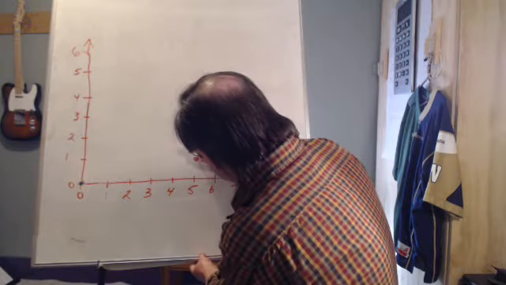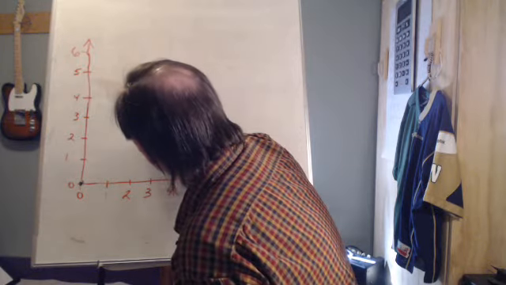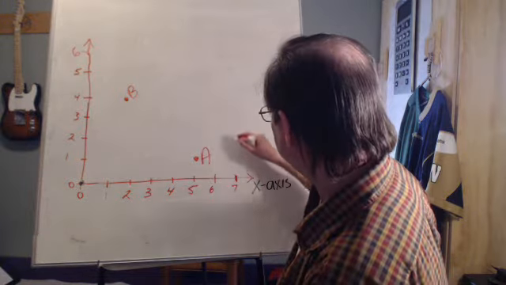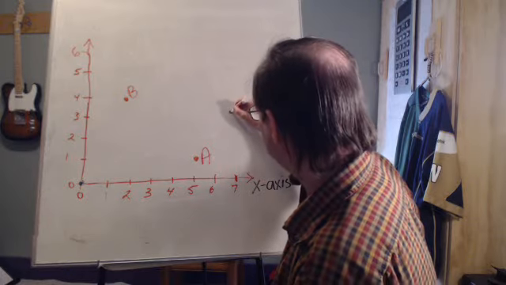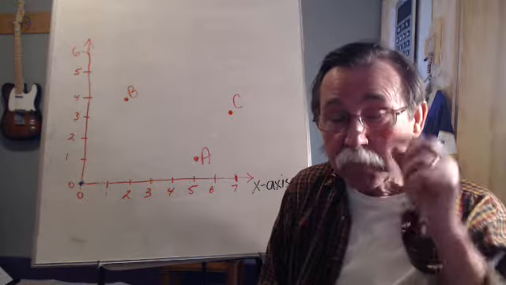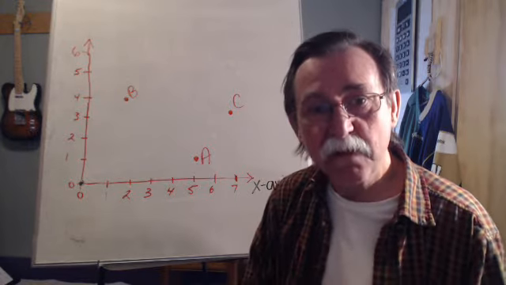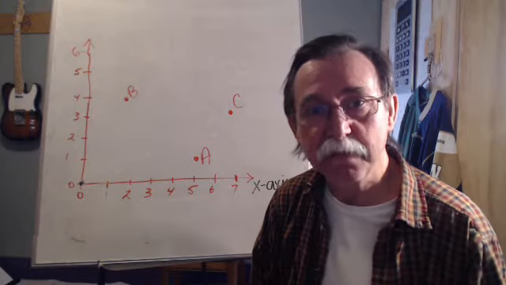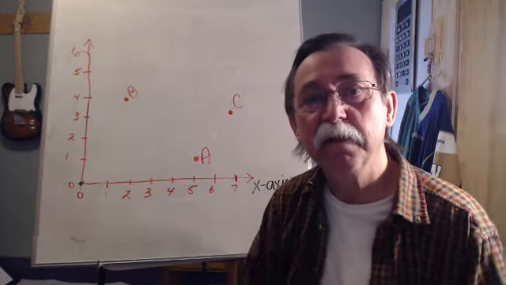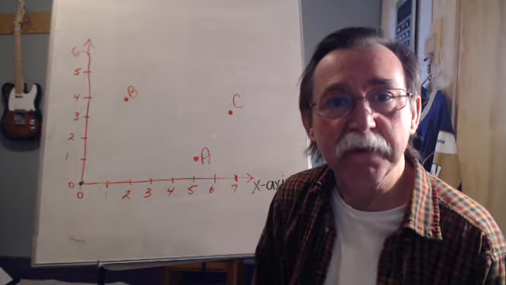This is the point A. This is the point B. And this is the point C. How did they come off? Beautiful. Okay, so your job is to pause the video for a second and figure out what are the coordinates of each one of those points.